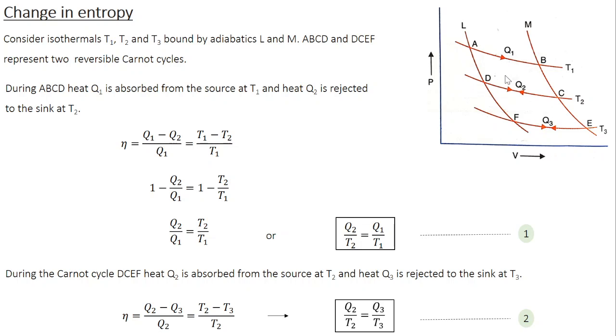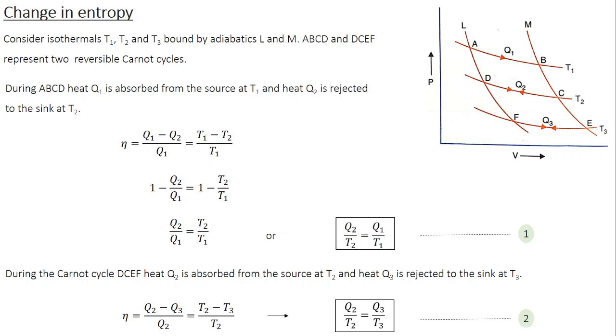Here, as the diagram indicates, Q1 heat energy is absorbed from the source at temperature T1, and Q2 is rejected to the sink at temperature T2. And we know how to calculate the efficiency. Efficiency is nothing but work done divided by heat absorbed. This is (Q1 minus Q2) divided by Q1, which is also equal to (T1 minus T2) divided by T1.